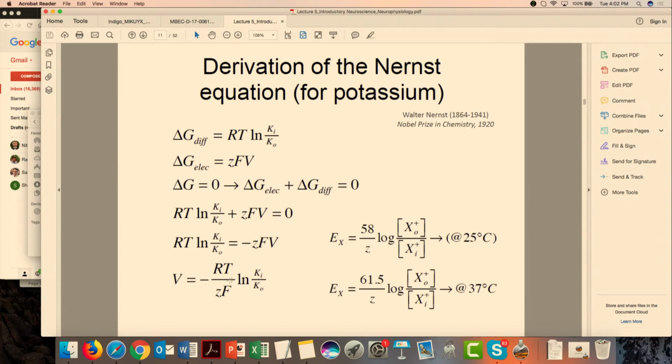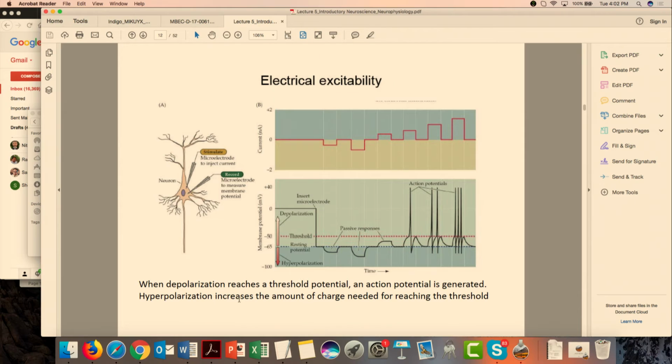F is Faraday's constant, but otherwise it is a logarithmic ratio of inside over outside. So the voltage in such a membrane is dependent on the inside or outside ion ratio, and that can be applicable to potassium, or to any ions. So now let us go to the neuron.